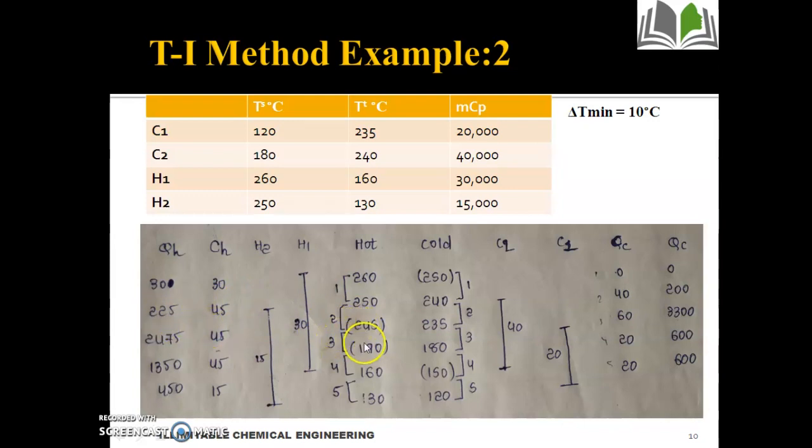Similarly for the third interval, 245 minus 190 into 45 means 2475. Similarly for the fourth interval, 190 minus 160, so it is 30 into 45, 1350. And 160 minus 130, so 30 into 15, that is 450, right? So this is how we can calculate this table.